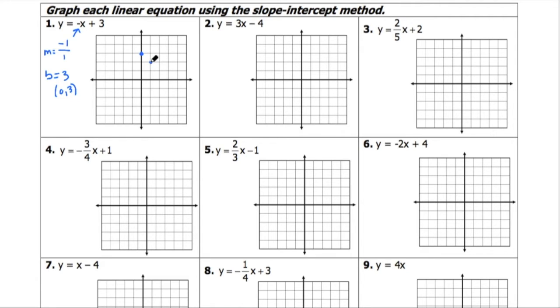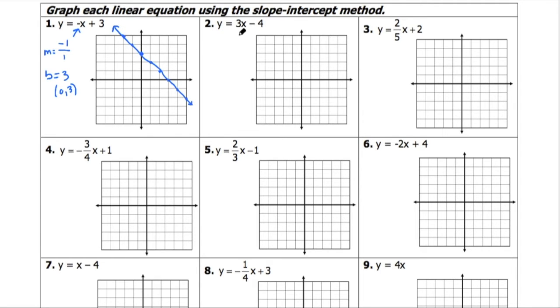We can keep going like this, down 1, right 1, down 1, right 1, to add more points. We could even use the reverse, following the pattern backwards, there would be more points here and here. But all of these points are forming the same line, this equation, y equals negative x plus 3. Put arrows on the ends of our lines to show that it would keep going in both directions.